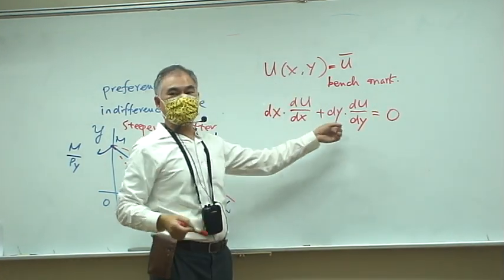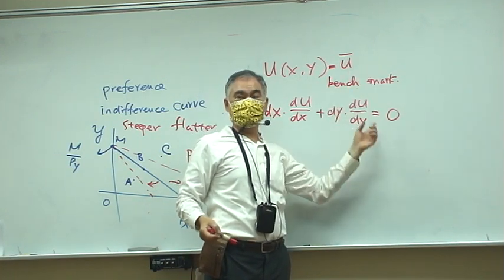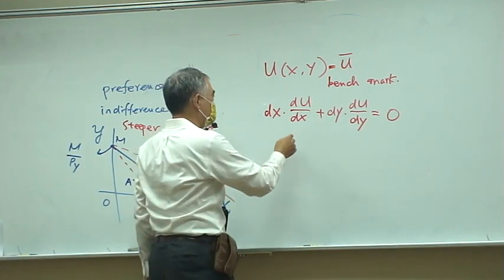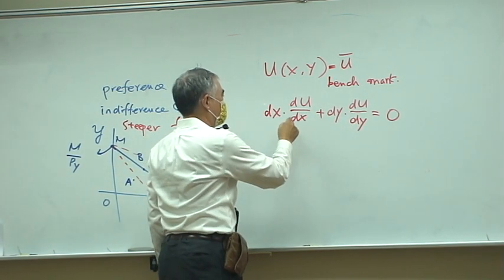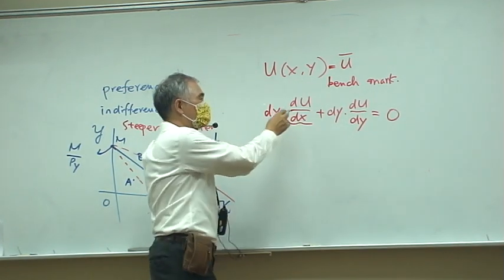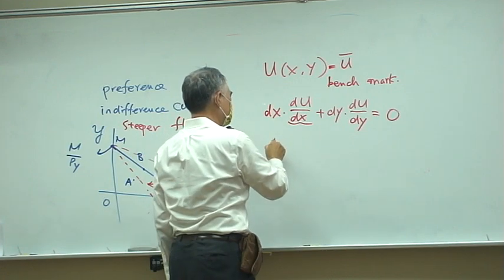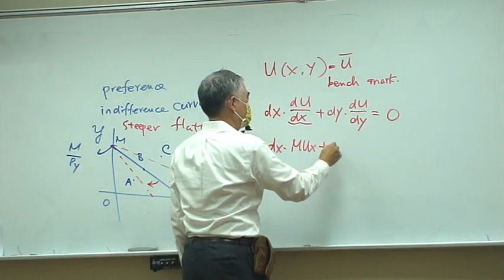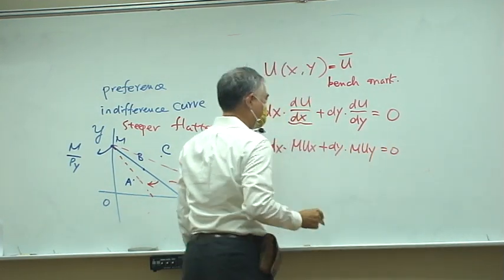And whatever change there is, it doesn't change the satisfaction level. So du/dx is called the marginal utility of x, and with dy, the marginal utility of y, the total is equal to 0.